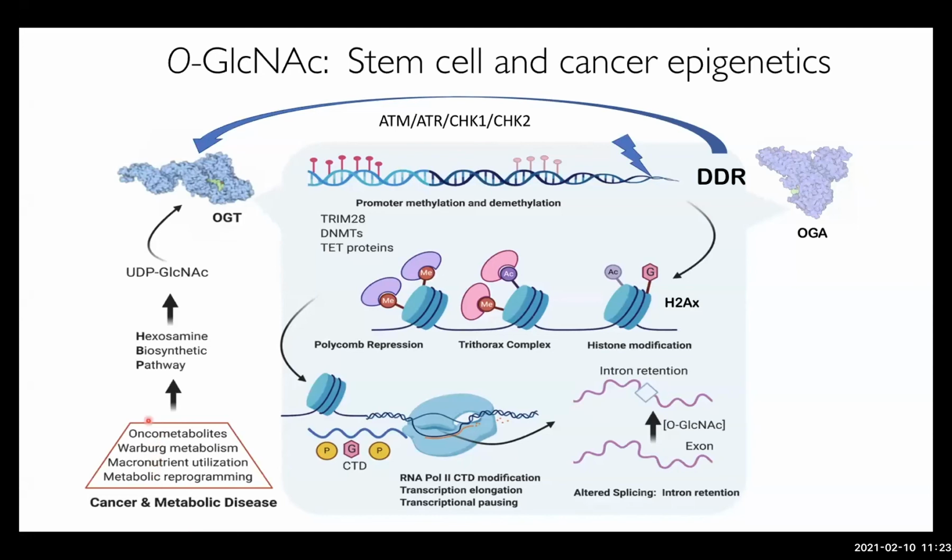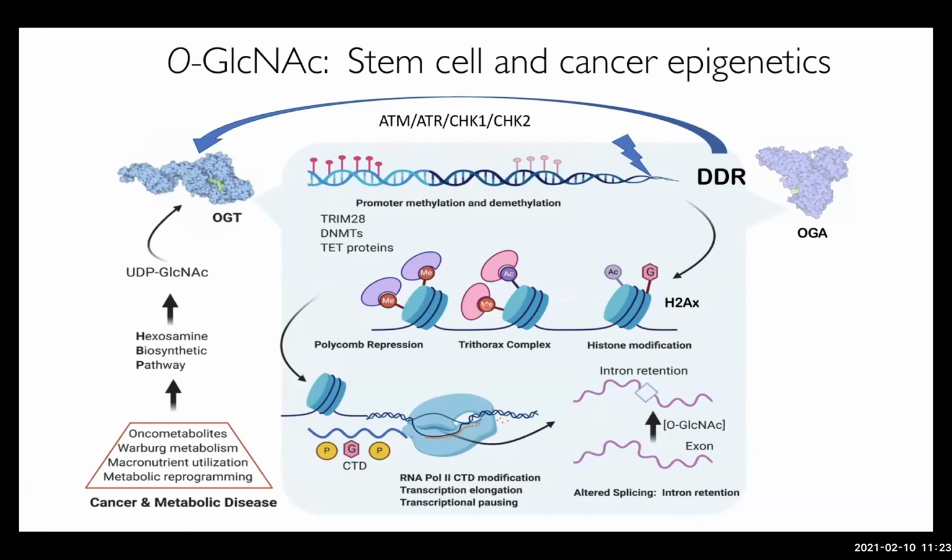metabolic reprogramming leads to changes in the hexosamine biosynthetic pathway, typically elevation in UDP-GlcNAc. OGT has numerous targets, which are listed here below, including promoter methylation and demethylation. There's also activation of the DNA damage repair pathway, leading to incorporation of H2X and glycosylation of other histones.